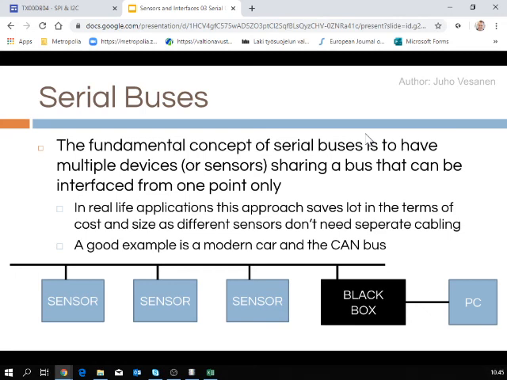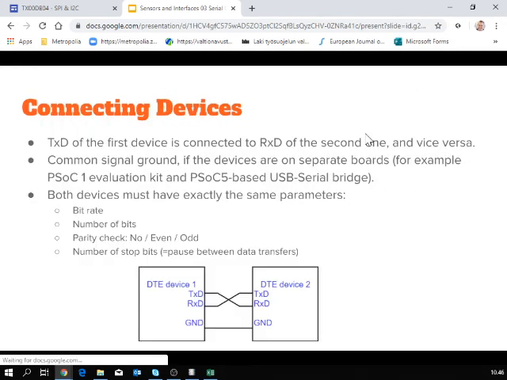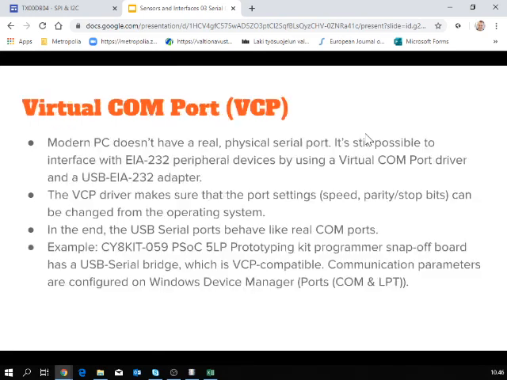Serial bus. Fundamentally, a serial bus concept means that we can have multiple sensors sharing a bus. That makes it a bus. What you had previously is not yet a bus, it's just a data connection.